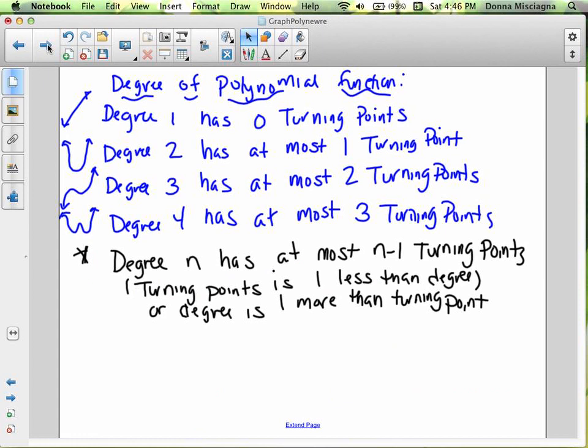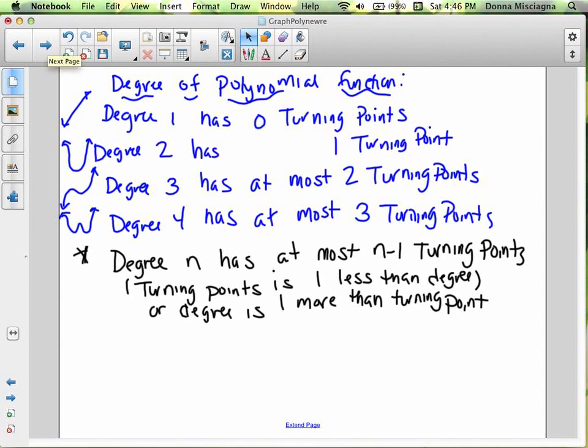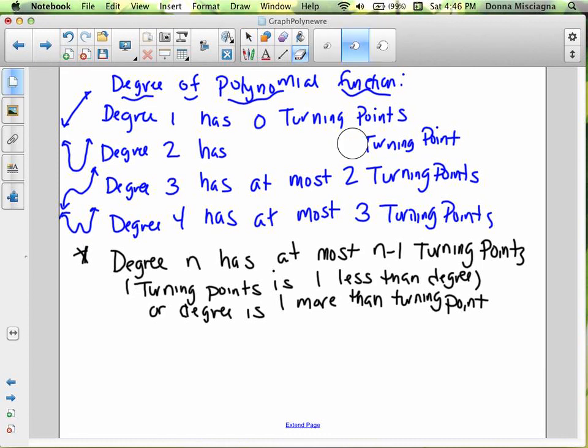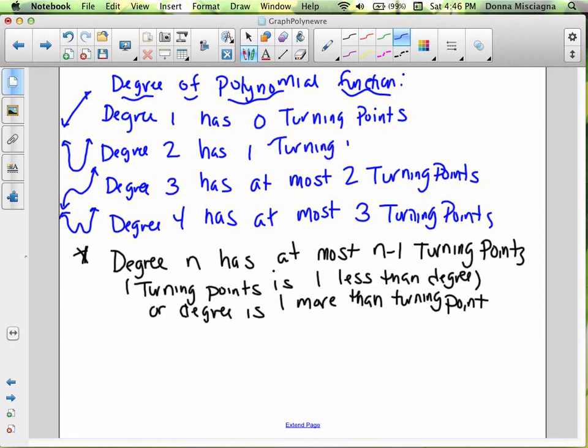But I really didn't need it for degree 2, because I will tell you that this one always has 1 turning point. Sorry if you wrote the word at most. I don't necessarily need the word at most there because it will have 1 turning point.